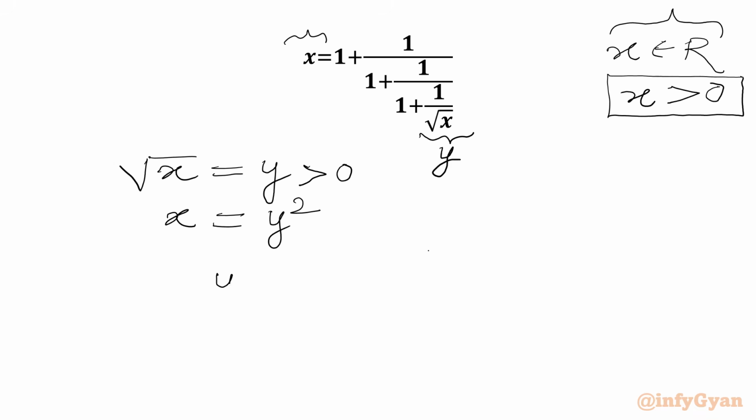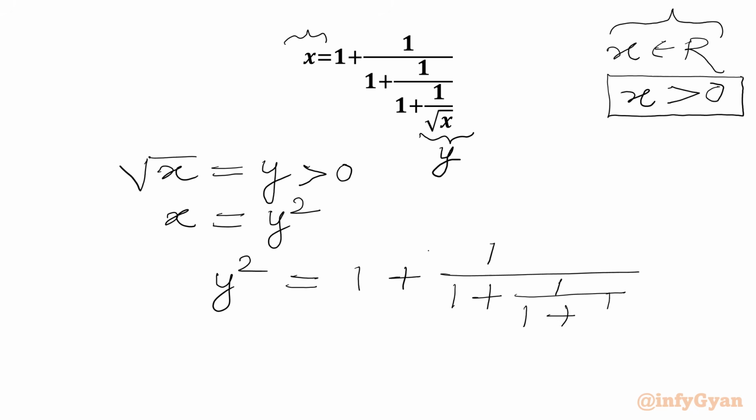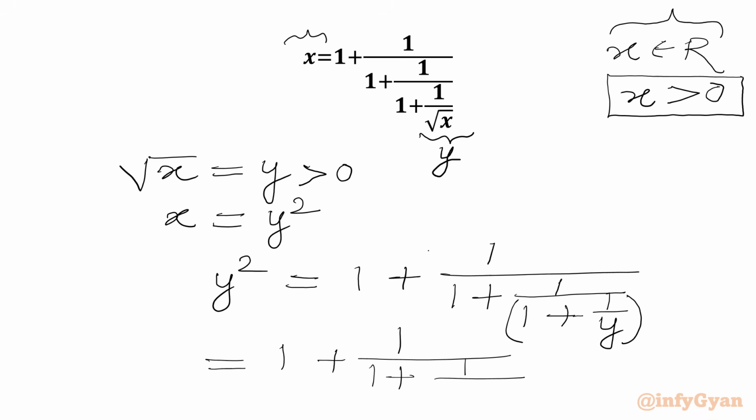So our equation will become y square equals 1 plus 1 over 1 plus 1 over 1 plus 1 over y. Now we are going to simplify this denominator first. I can write 1 plus 1 over 1 plus 1 over y plus 1 over y.